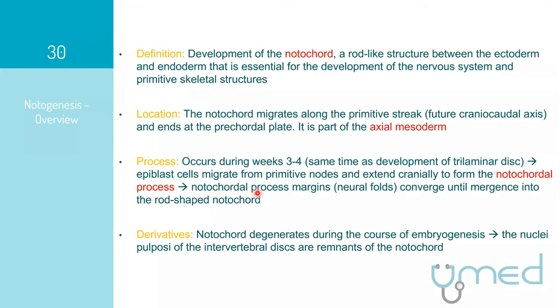The margins of the notochordal process, they would converge, right? So all of that just means the neural folds in this case, right? They will converge until they merge together, right?